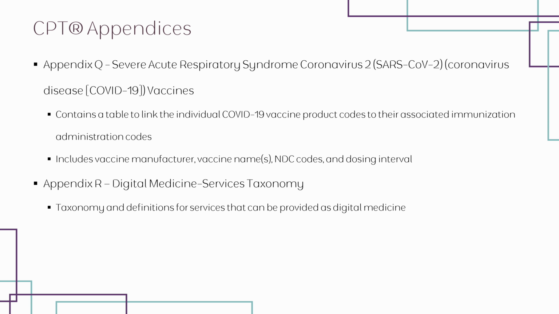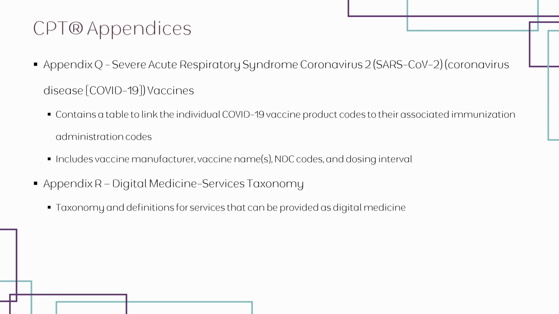Next, we have Appendix R. Appendix R introduces a taxonomy for digital medicine services. As digital health technology continues to expand, this appendix was developed to promote greater understanding and awareness of various digital medicine services that are now available to patients and providers.